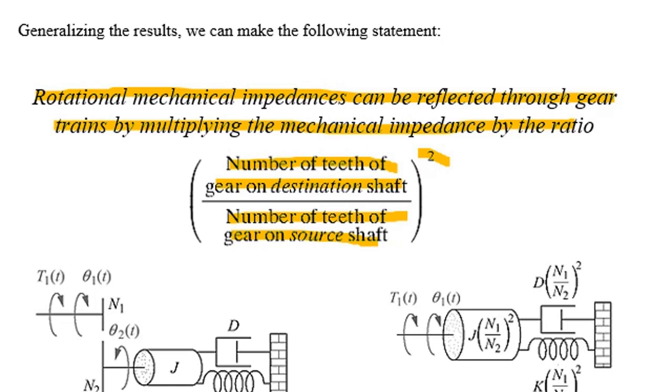In figure 2, all the impedances from the load side or output side are transformed to the input side. Inertia J is present at the load side. At the input side, the inertial impedance is J multiplied by the teeth ratio squared. Similarly, the damper and spring are both multiplied by the teeth ratio squared.